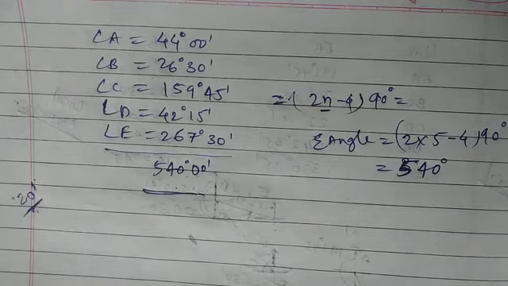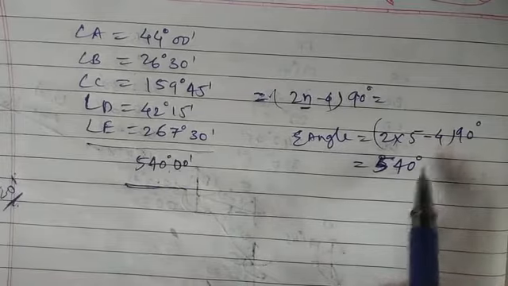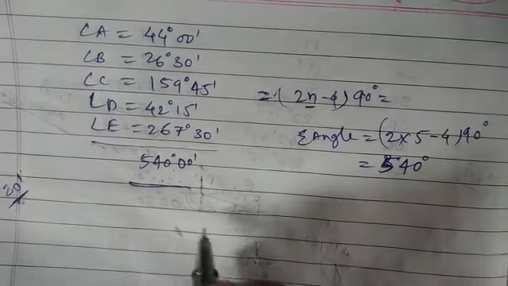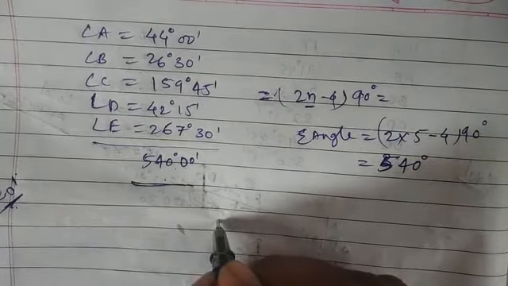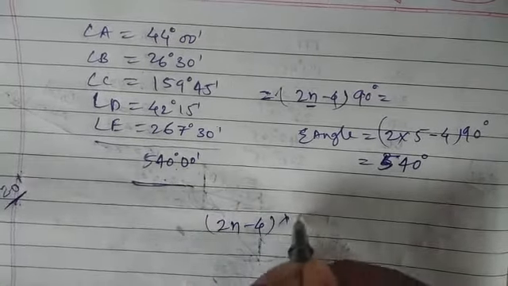If any line is not closing, then you have to adjust the lengths of the lines of the traverse so that you close the traverse correctly. Here this formula is important to check the error in a closed traverse. I'll repeat the formula: 2n minus 4 into 90 degree.